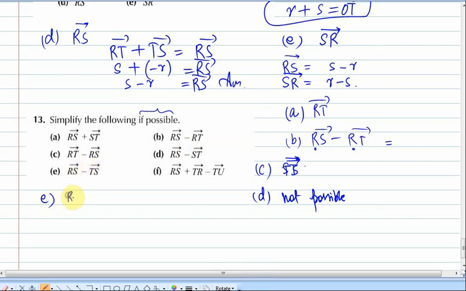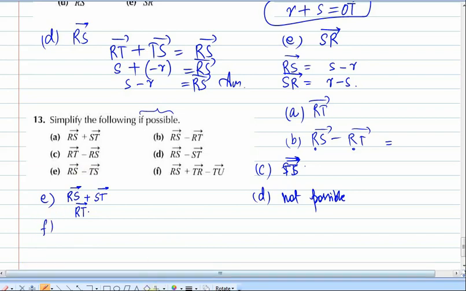But I can write that RS, and instead of TS, I will write as ST. When you change the placement, it will be changed in sign as well. So after negative, it will be positive. So RS plus ST is equals to RT, that is the answer, right? Basically the concept of negative vectors. The negative vector of TS will be minus ST, the minus minus plus leads to positive ST.